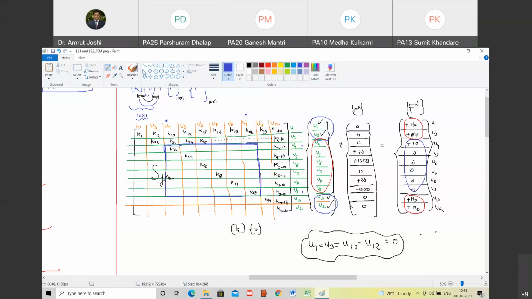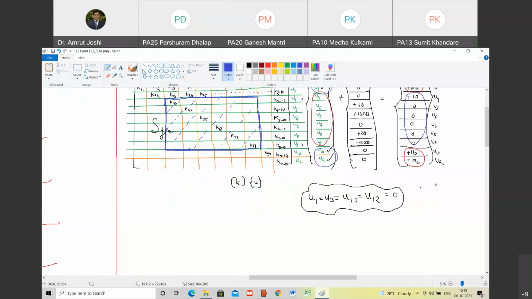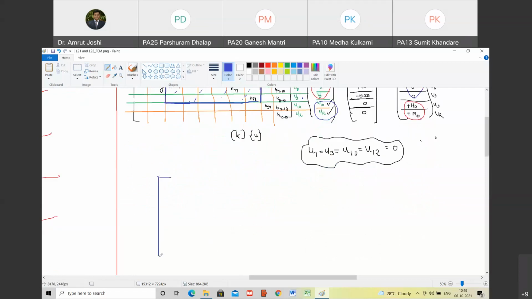So see what I am doing now. So this is the zone. I'm going to mark this zone now by dotted lines like this. All these terms and U4 to U9 displacements, I'm going to segregate. And this is equal to, all the terms written in this blue zone, I'm going to write here as a separate matrix.